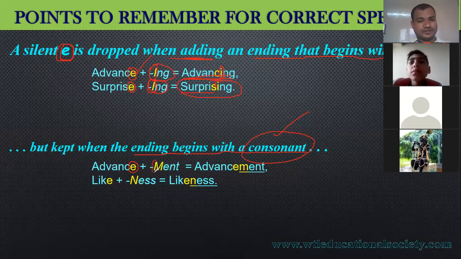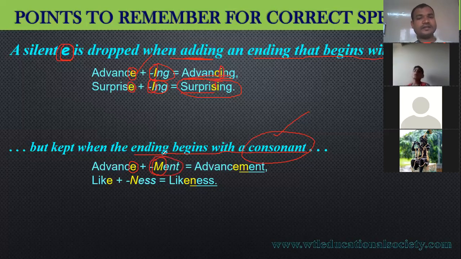But here we started with letter M, so we added a different ending. Advancement. If you observe here, the letter E remains the same. We are not dropping the letter E. But if it is a vowel, we are supposed to drop letter E.